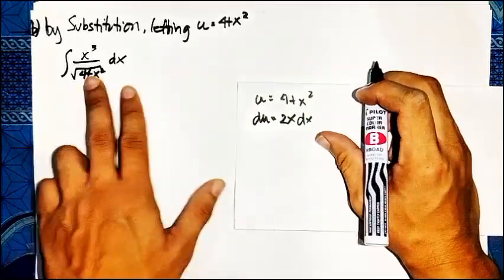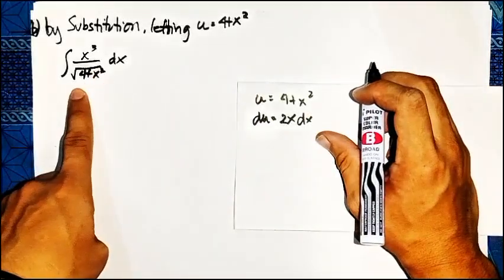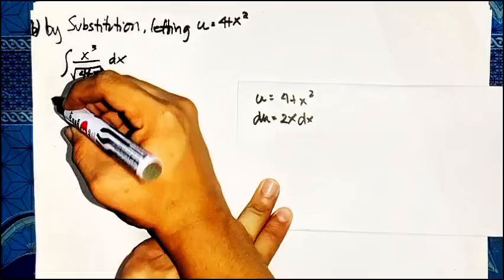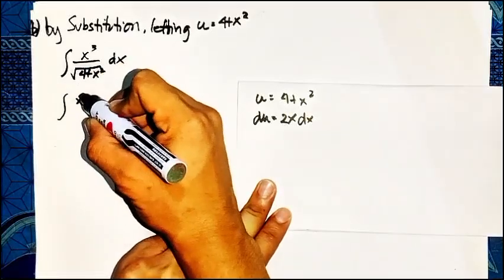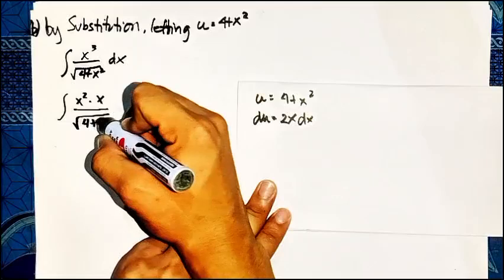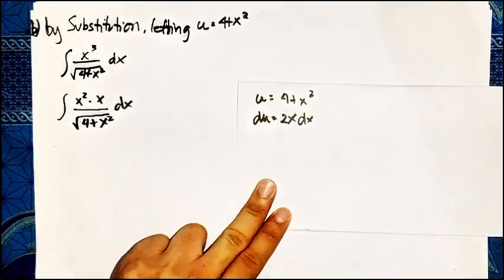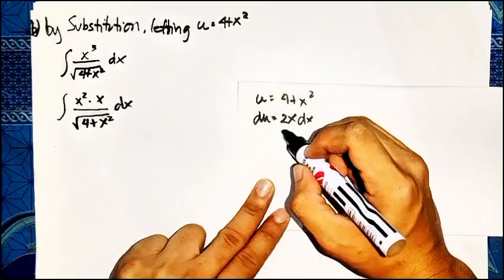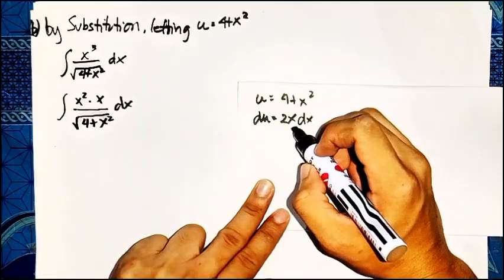Now, as you can see, this integral is the same as the integral of x squared times x over the square root of 4 plus x squared dx, right? So let's find x dx. To find x dx, let's divide this by 2.